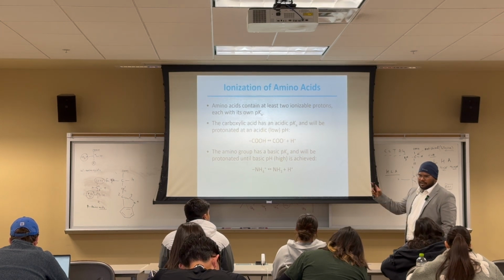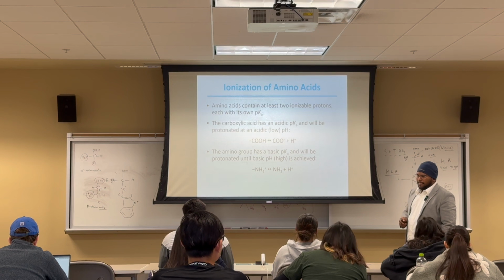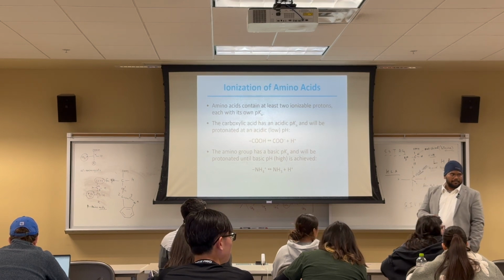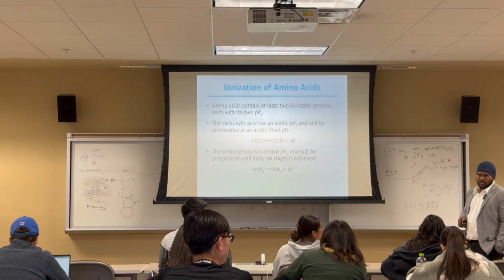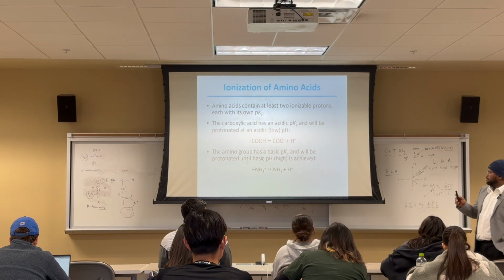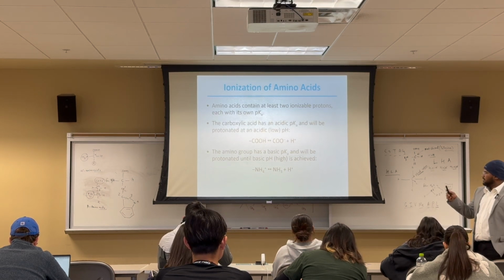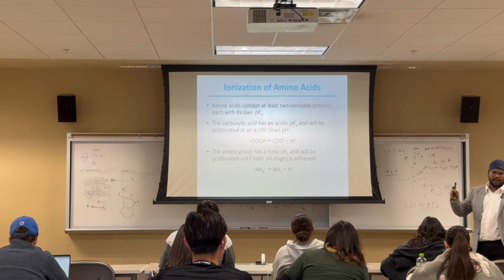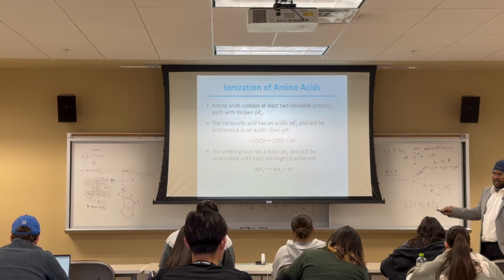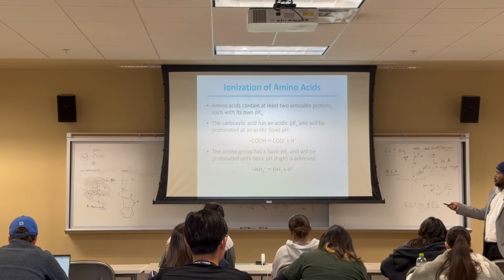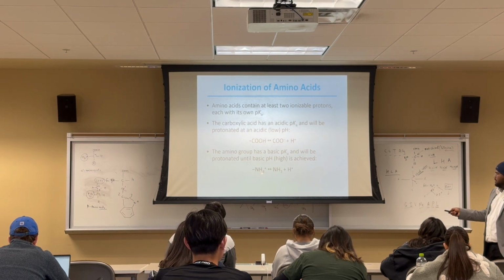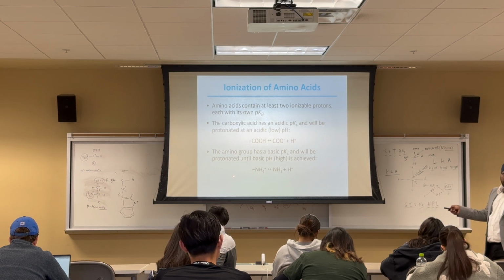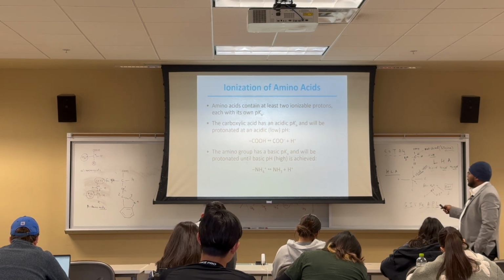Anyone who can tell me the range scale of pH? 0 to 7 acidic and from 7 to 14 basic. So below 7 it's acidic and after 7 it's basic. If it's acidic there must be a protonation from the carboxyl group. If it's basic there must be a protonation from the amino group, or amine group.